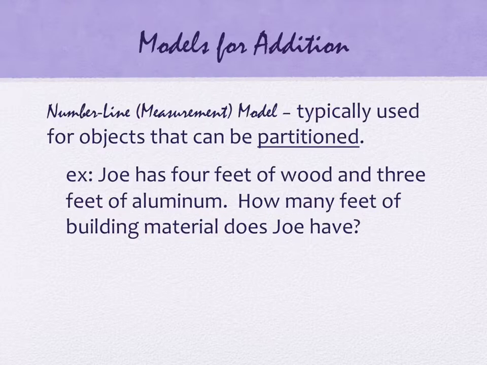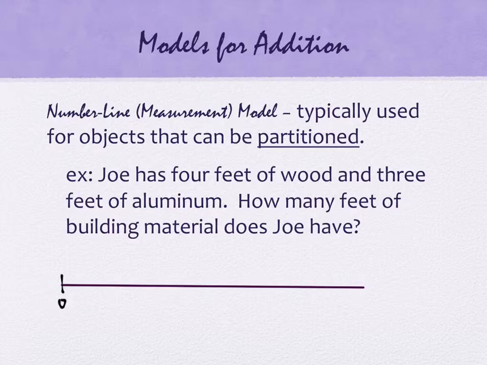That's the difference here. And when you're looking at this particular one, it actually allows itself to be measured along a number line. So if you start at 0 on your number line and you lay his objects end to end, we have, what was it first? 4 feet of wood. So we have 1, 2, 3, 4 feet of wood.